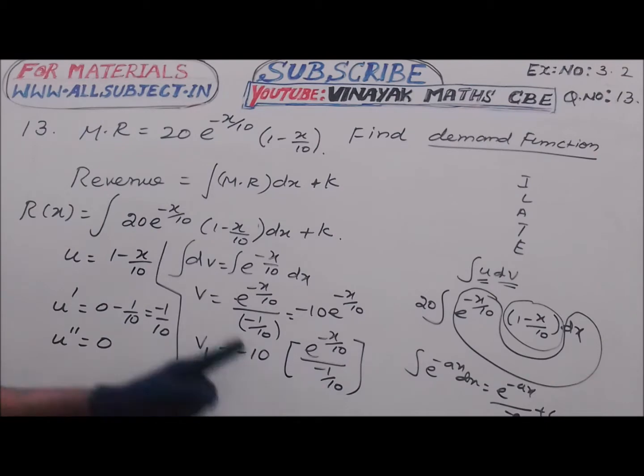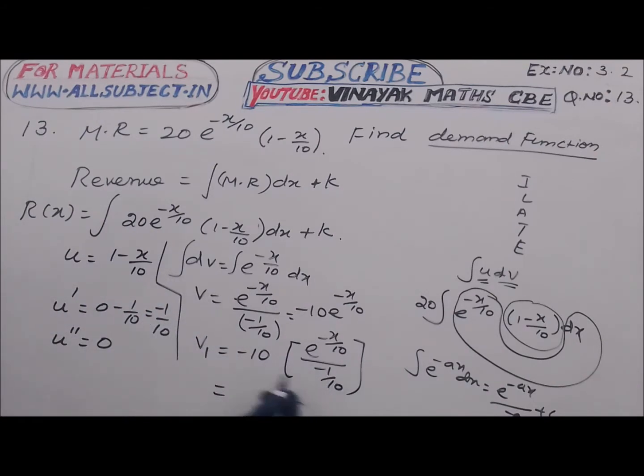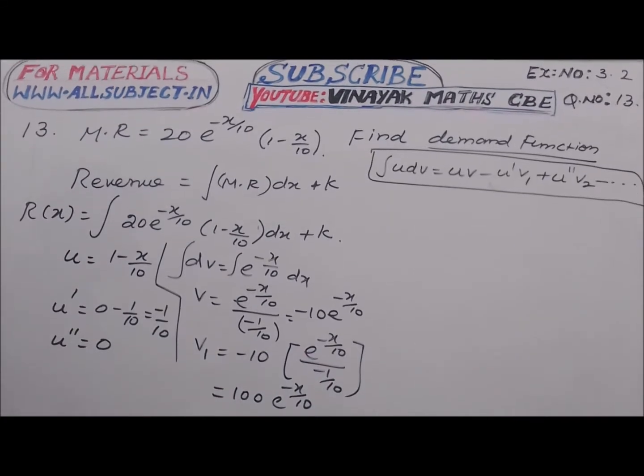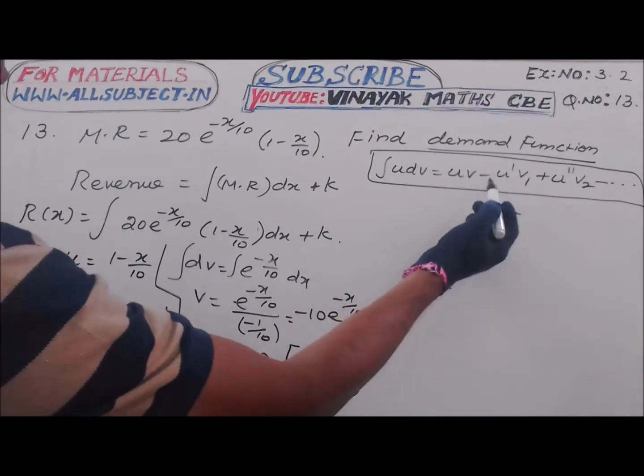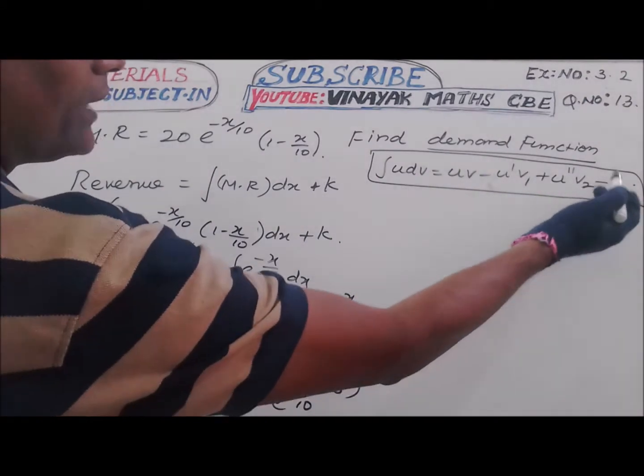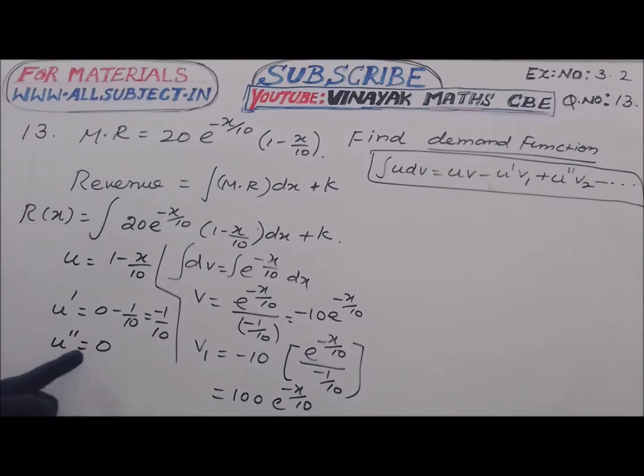Then reciprocating this, it equals minus 1 by 10 into minus 10, which is 100, and minus minus becomes plus, so 100 e to the power minus x by 10. This is v1. U double dash is 0, so we need not find v2 here, because by Bernoulli's formula, the integral of u dv equals uv minus u dash v1 plus u double dash v2 minus and so on. Since u double dash becomes 0, we need not find the other terms.